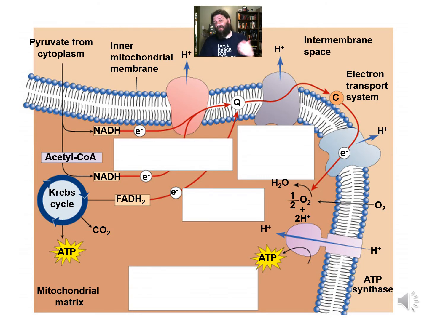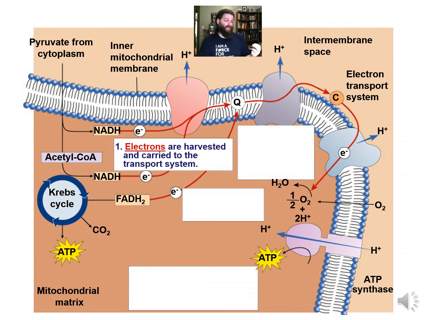After all that detail, here are the four big essential parts of the electron transport chain. First, we're taking those electrons from the Krebs cycle, from the oxidation of the sugars, and moving them into this transport system within the mitochondria.